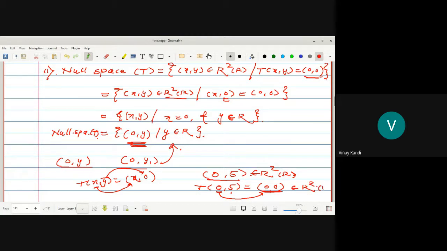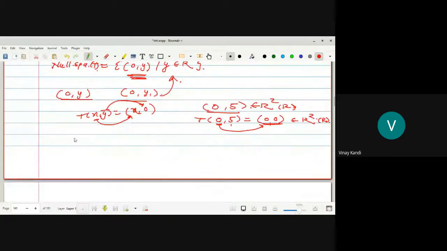Take another element. Look at this one. Suppose (0, -7). This is an element from R2. If we apply the transformation on this element, the X coordinate is as it is. What is the X coordinate here? 0, so this is as it is. And the Y coordinate is -7, but it is transformed to 0 by our mapping. So now this one is what?